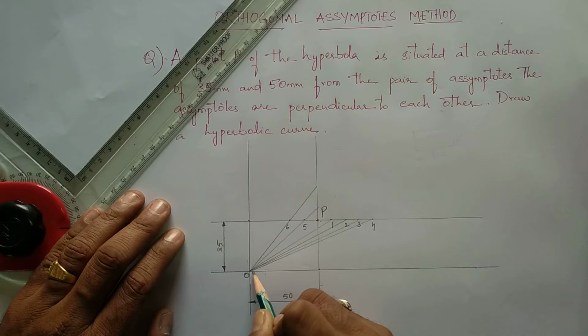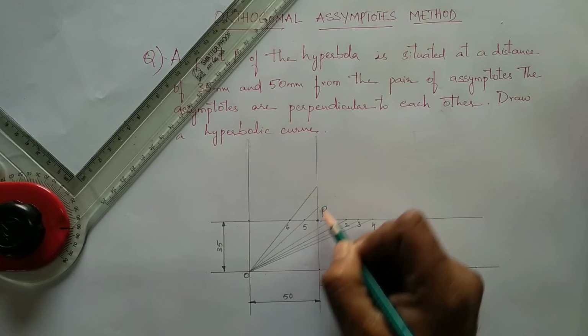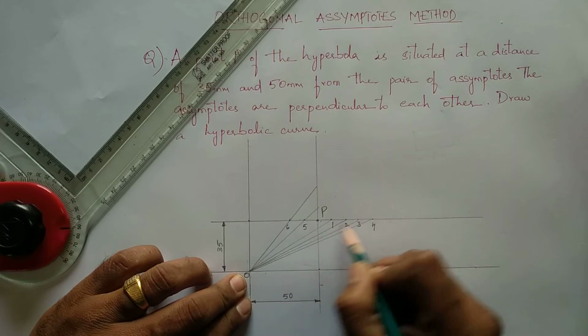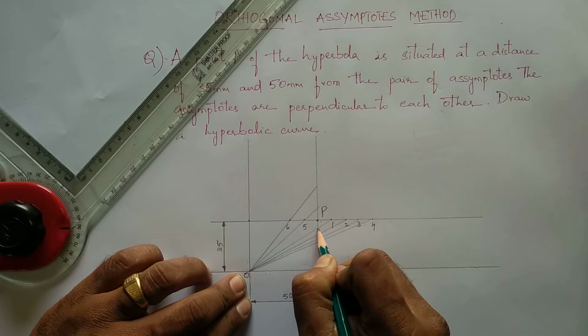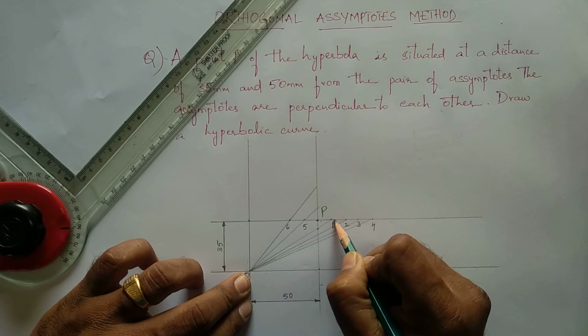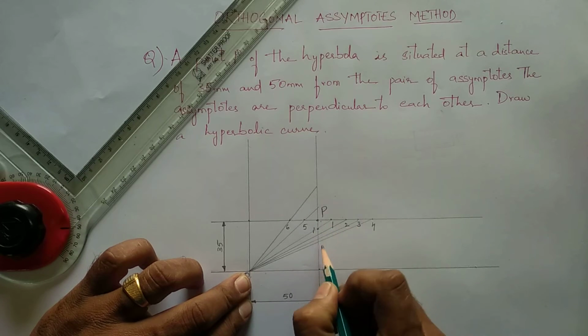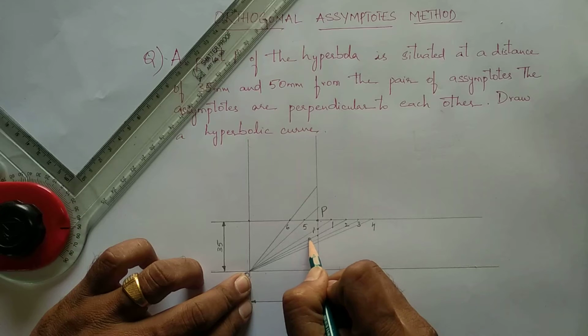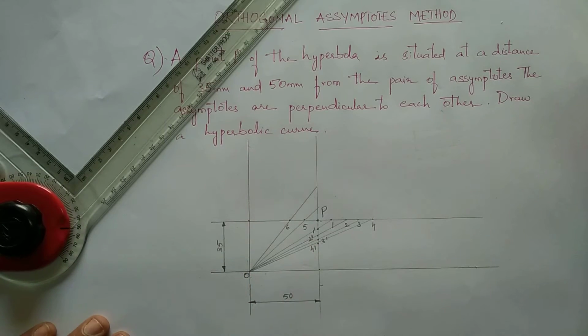Now, the lines we have drawn from O to 1, 2, 3, 4 and 5, 6: where these lines touch the vertical line, mark those points. For example, the line joining O to 1, where it touches the vertical line, mark it as 1 dash. Similarly mark 2 dash, 3 dash, and 4 dash.